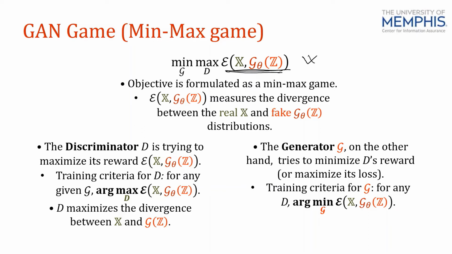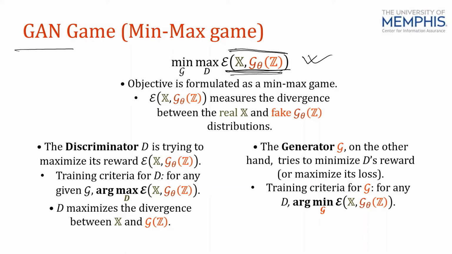Following this logic, we can construct the objective function of a generative adversarial network as a two-player minimax game, where one party, the generator, tries to minimize this discrepancy, whereas the other party, the discriminator, tries to maximize the discrepancy.